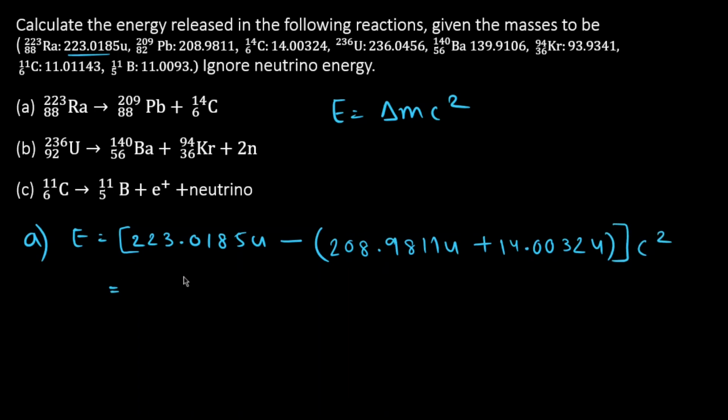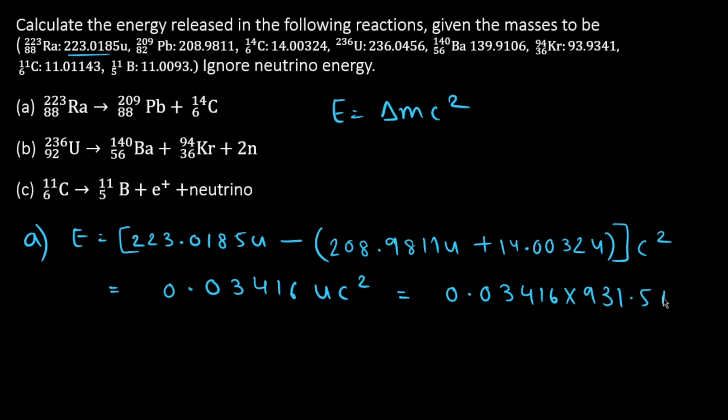Calculating this we get 0.03416 U C square, and U C square is 931.5 mega electron volt. So 0.03416 into 931.5 mega electron volt. So energy we get as 31.82 mega electron volt. Let's see the second one.